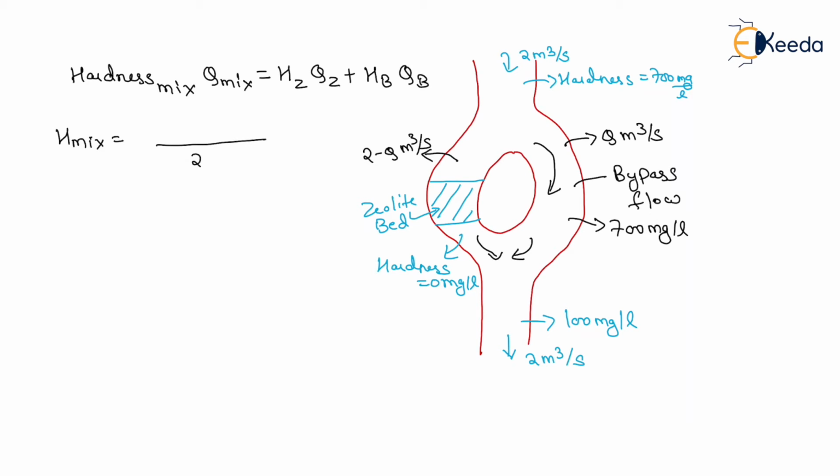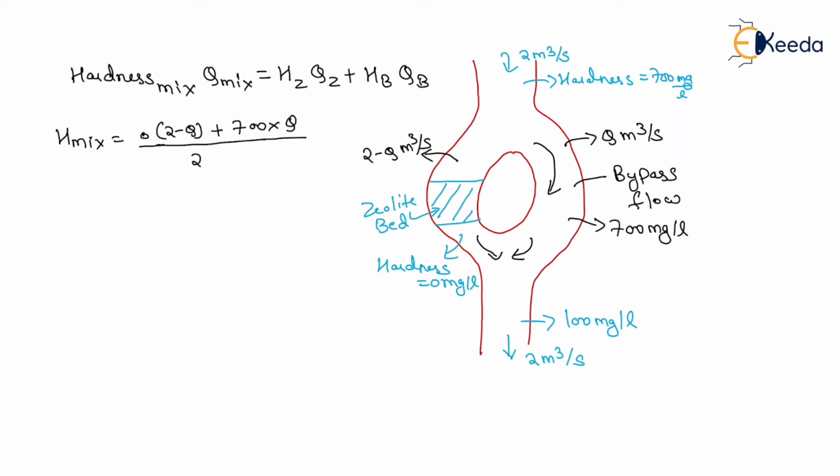The hardness of zeolite bed is 0, and the discharge of zeolite bed is 2 minus q. The hardness of bypass flow is 700, and the discharge of bypass flow is q.